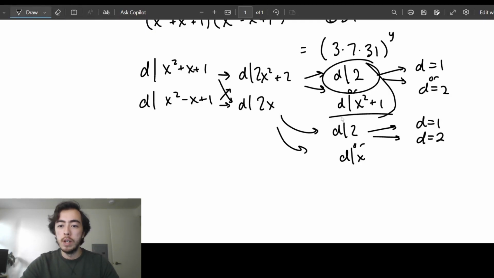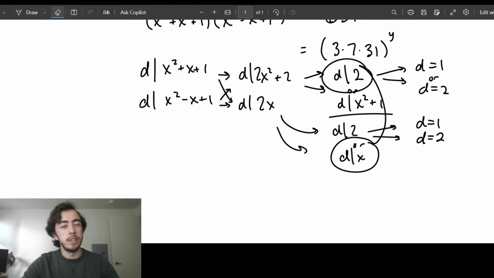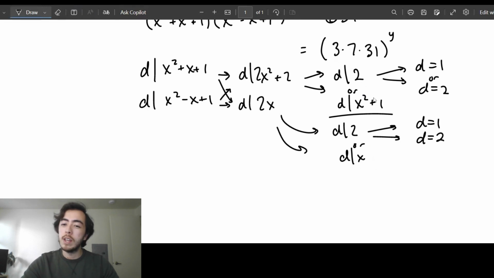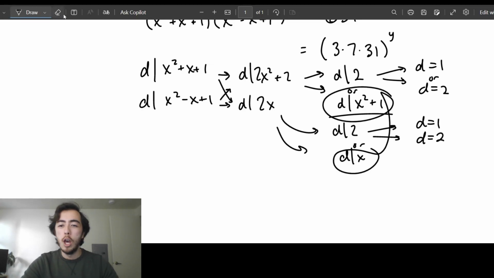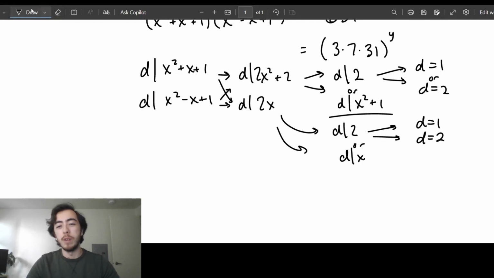Either this is true and that is true. And so either D is equal to 1 or 2. Either this is true and that is true. But then still we're left in this case of D must be equal to 1 or 2. The only thing that really is different is if I choose this example and this example. But if both of those are concurrently true, if D divides x and then also x squared plus 1, D must be 1.